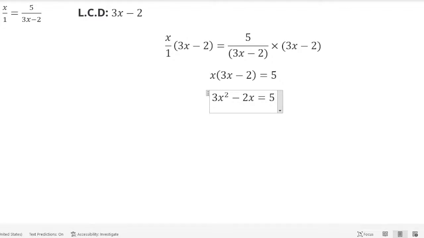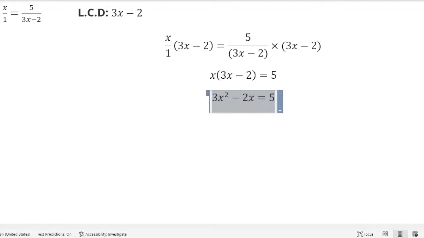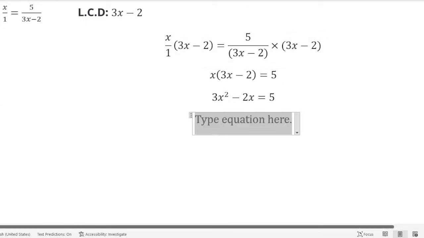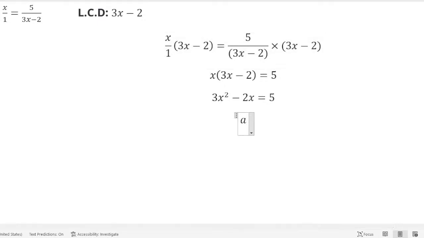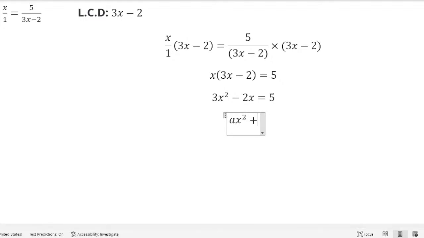So now remember, this is a quadratic equation. A quadratic equation, when you're solving it, should always be in the form of ax squared plus bx plus c is equal to 0. It's a law. It should always be in this form.